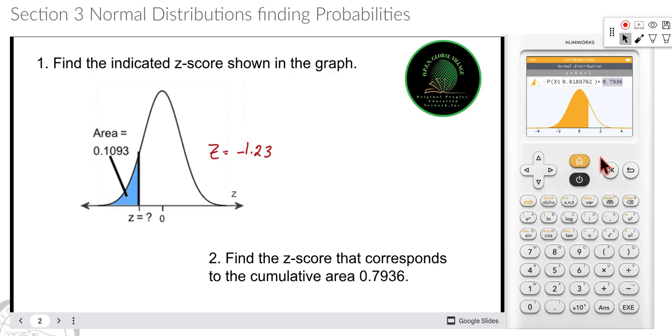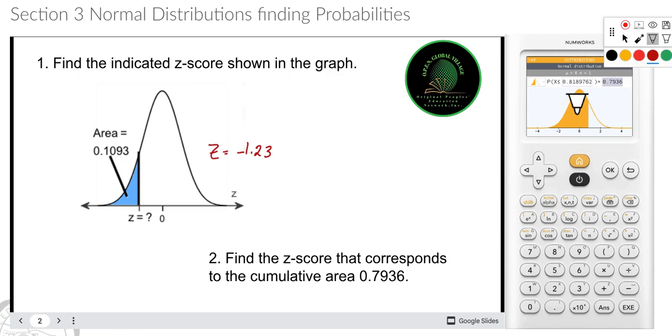We hit enter and it gives us the z-score. It is definitely past the mean, on the right side, and the area below looks about like 80%, with 20% not shaded.